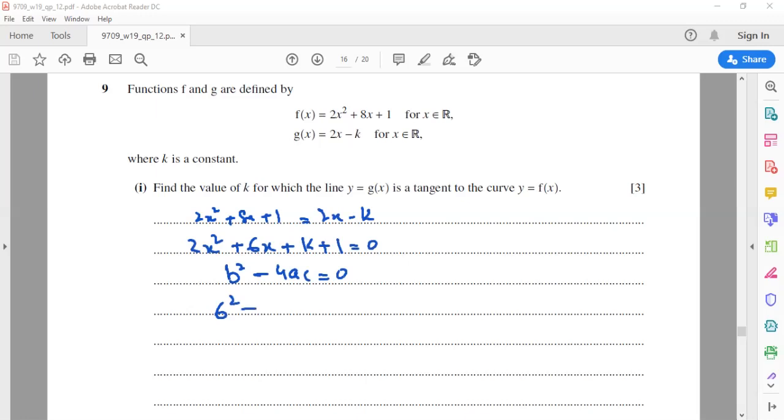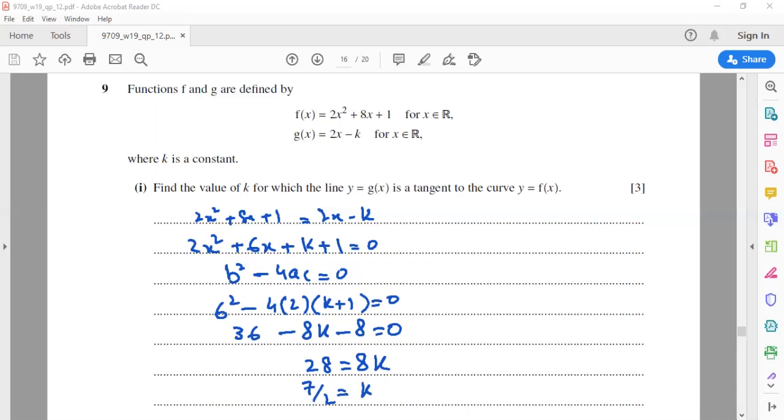So 6 square minus 4 into 2 into k plus 1 equals 0. 36 minus 8k minus 8 equals 0. So 8k is equal to 28, so k is going to be 7/2.